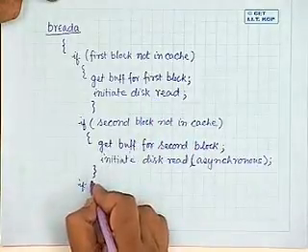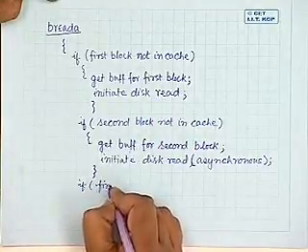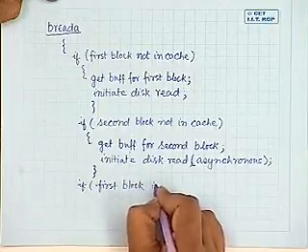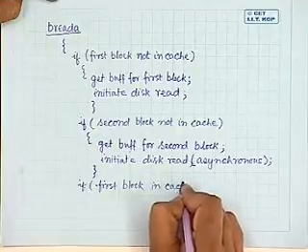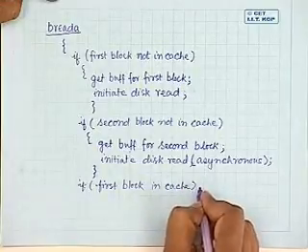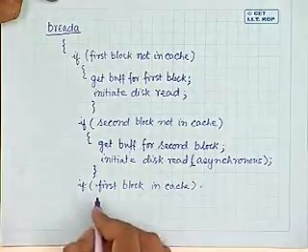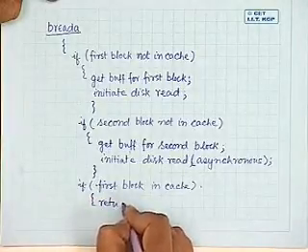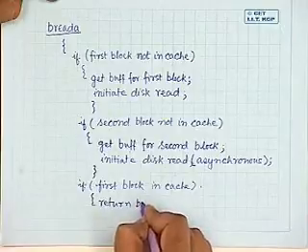Here we check if the first block is in the cache, then we return the buffer.